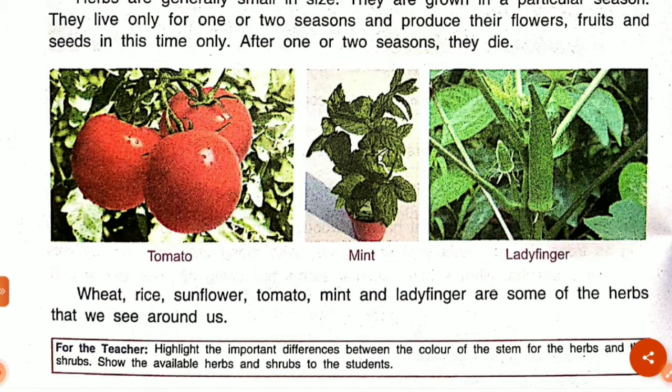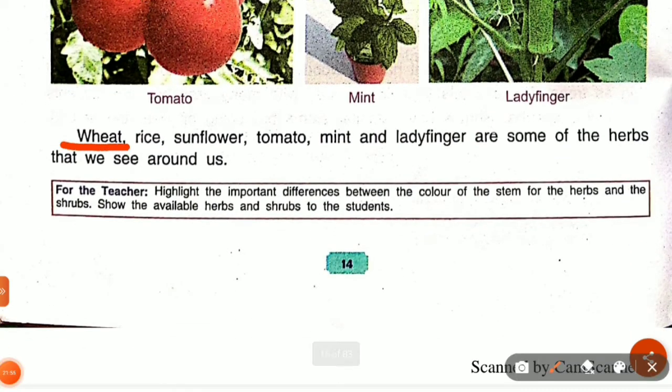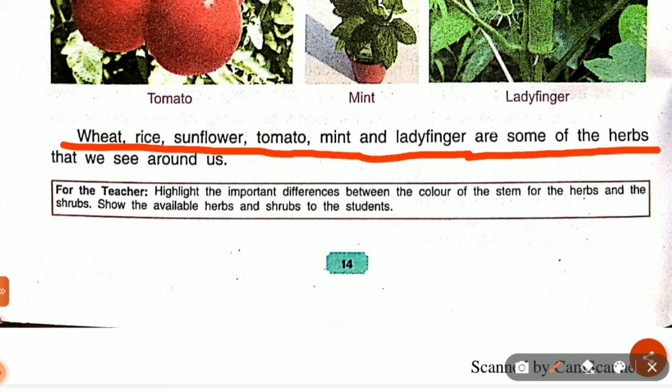This is called herbs. Okay, all right. So wheat, rice, sunflower, tomato, mint and lady finger are some of the herbs that we see around us. If you have gone to any village, you can see wheat and rice plants.